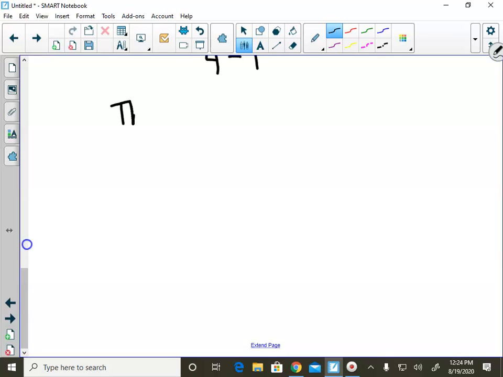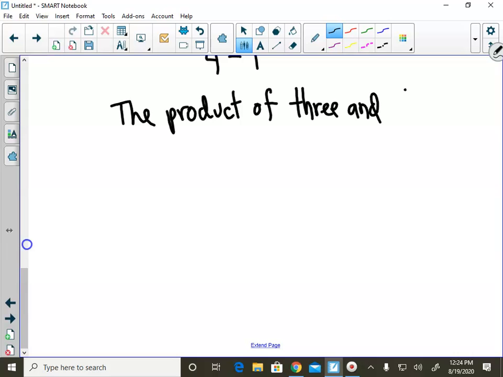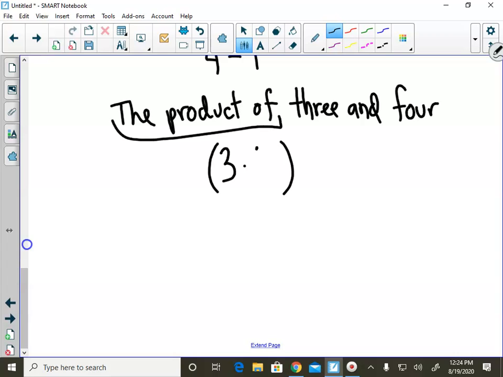How about if we had the product of 3 and 4? Remember, product is going to tell us parentheses, and it would be 3 and 4.